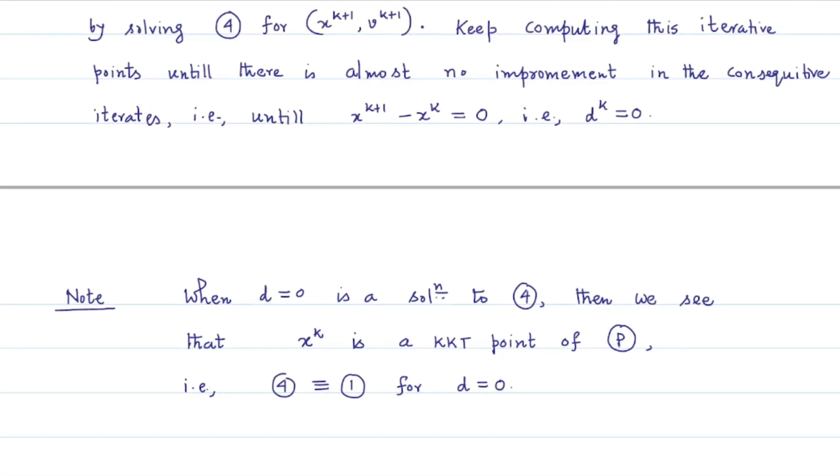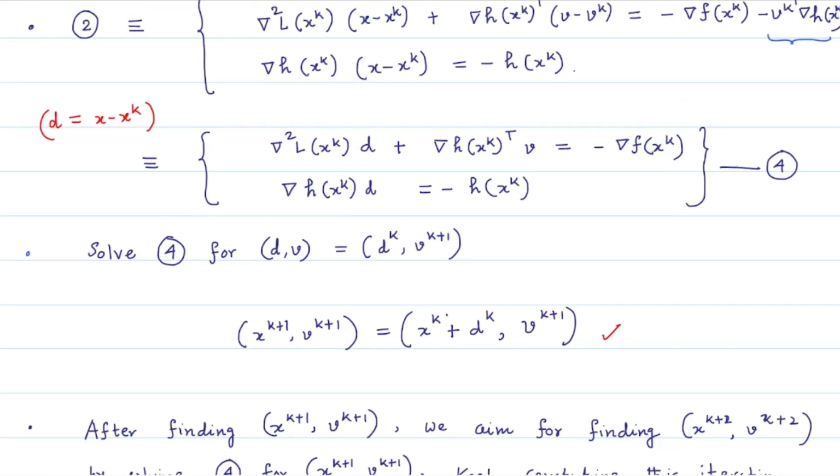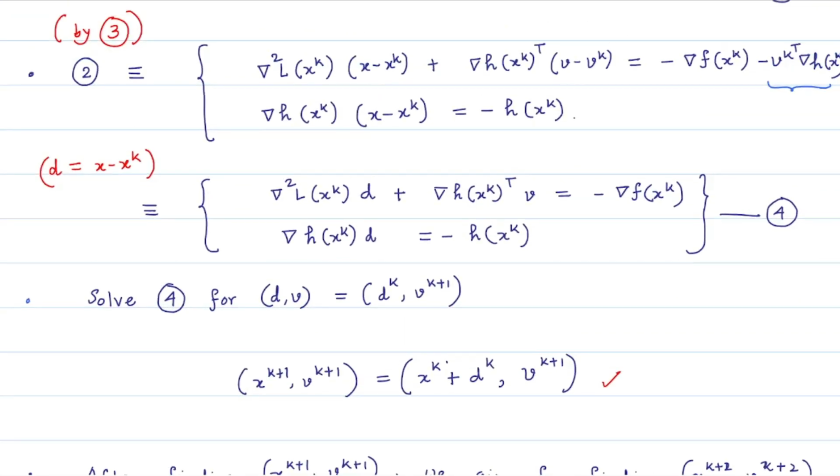And now let us relook at the system 4, and looking at it, let us go for finding a minimization problem for which the stationarity system is this system 4.